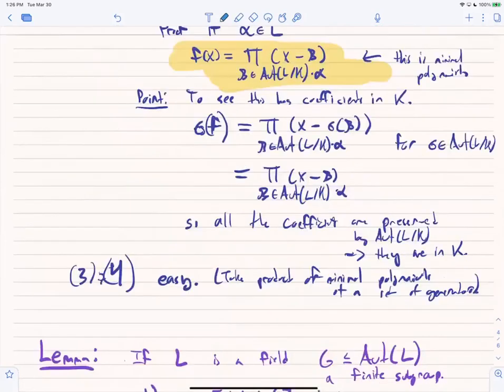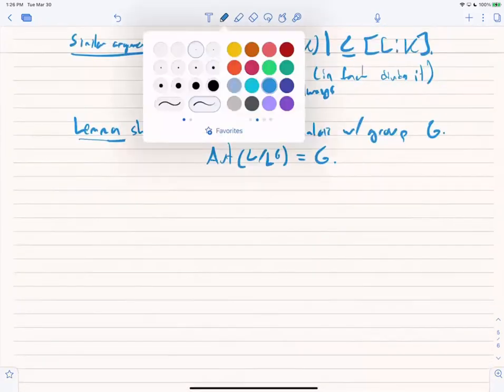So we use it in the proof, but I also make this note.